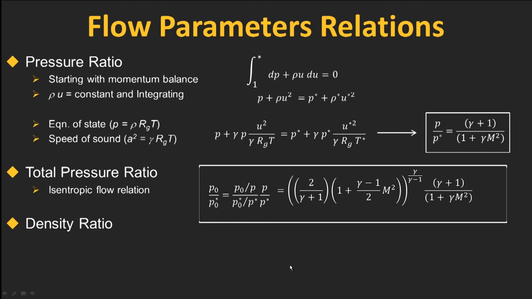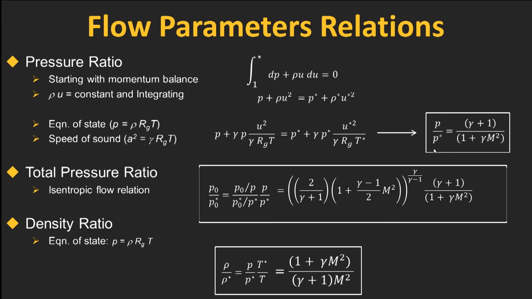Density ratio can also be written out as rho over rho star equals, once we use the equation of state, P over P star times T star over T, and since we already have expressions for P over P star and T over T star from the previous slide, we get 1 plus gamma m squared divided by gamma plus 1 m squared equals rho over rho star.